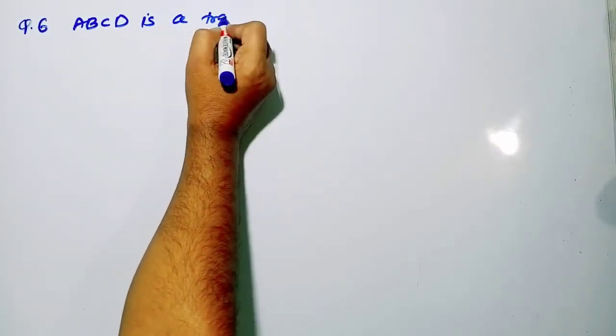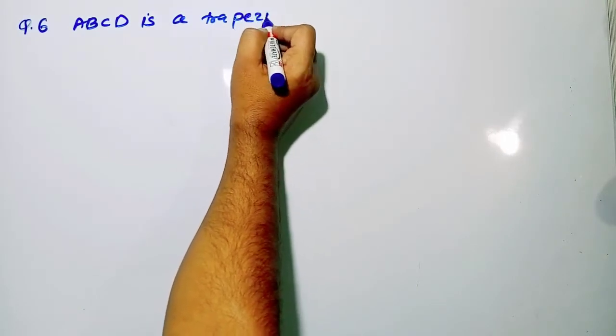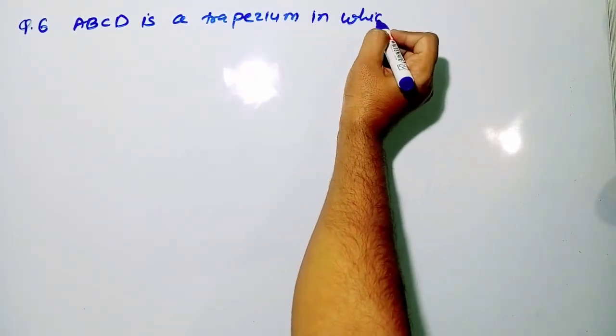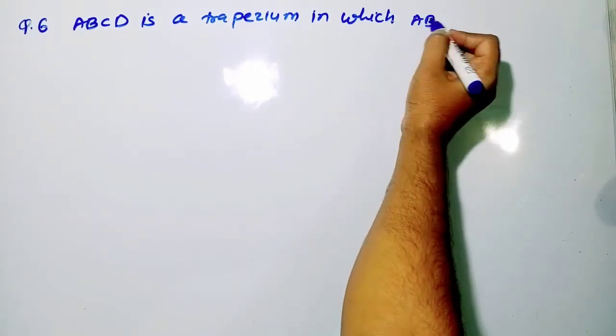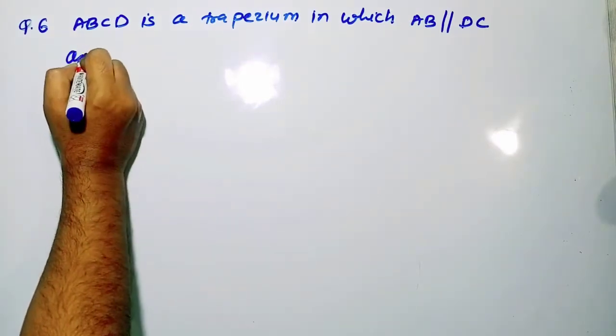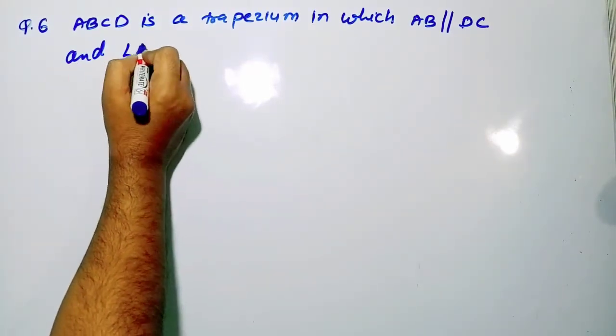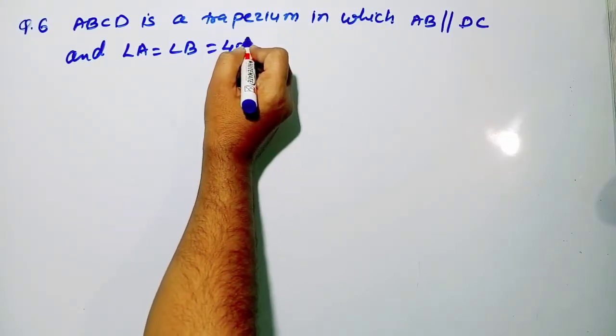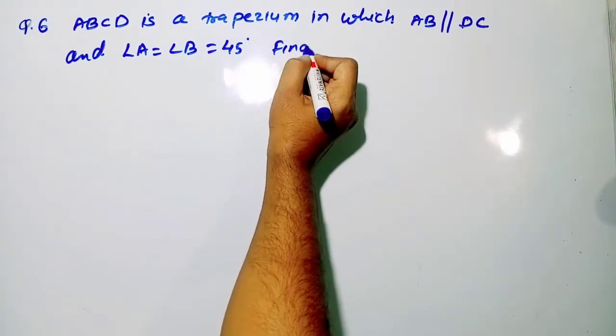Quadrilateral ABCD is a trapezium in which AB is parallel to DC and angle A is equal to angle B is equal to 45 degree.